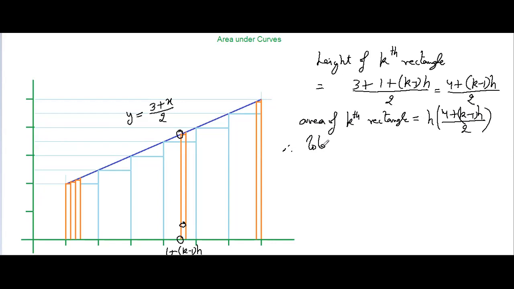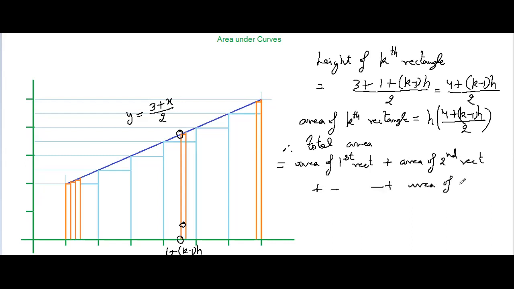Therefore, total area will be equal to area of first rectangle plus area of second rectangle plus and so on, area of the last rectangle, that is area of nth rectangle.